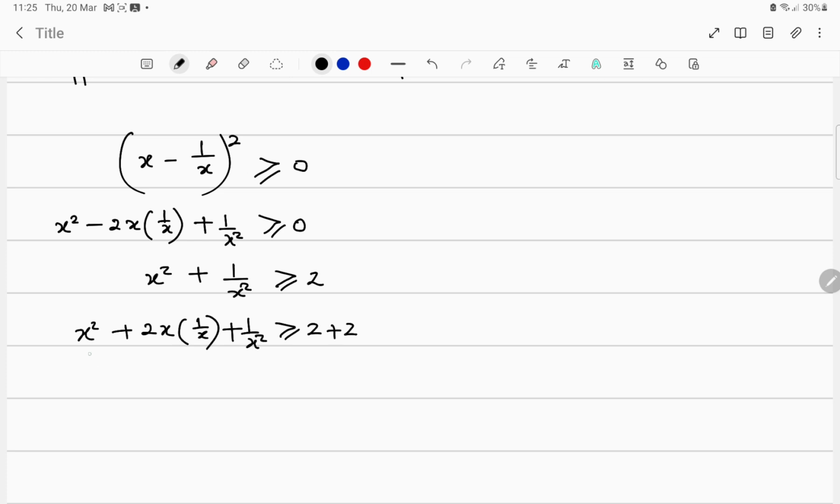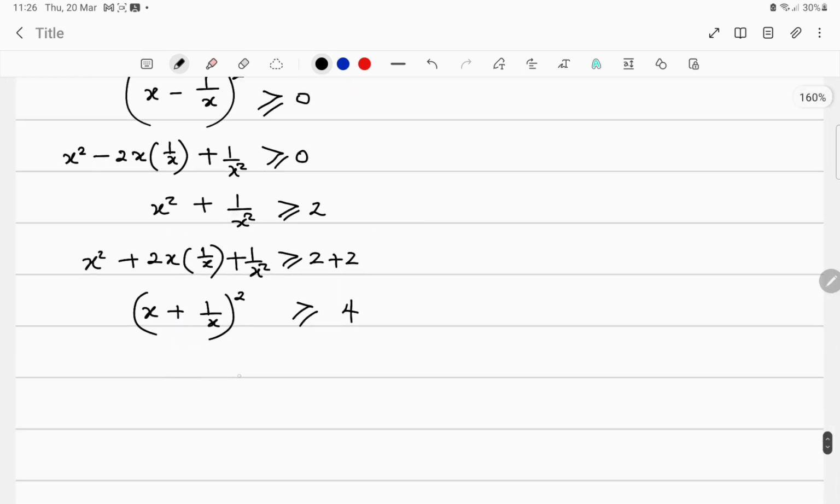So here, if we factorize this side, you can actually see that you get x plus 1 over x squared, which is greater than or equal to 4. That is what we wanted to prove. But it is not enough yet. We need to retain the modulus.